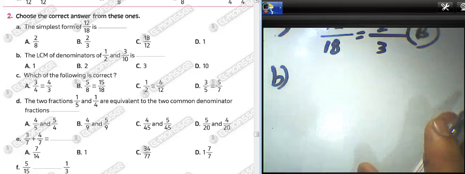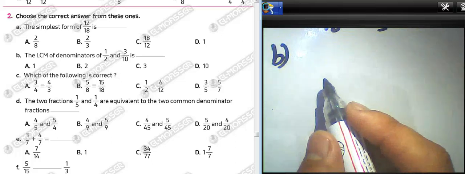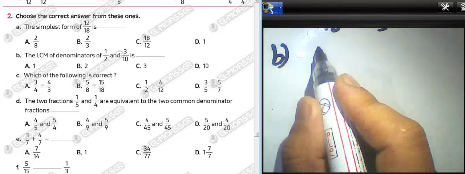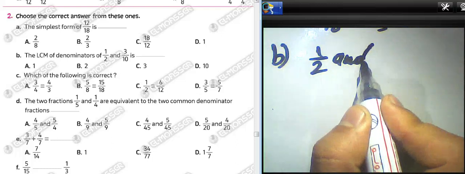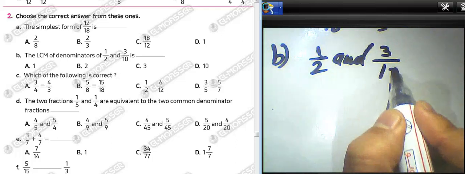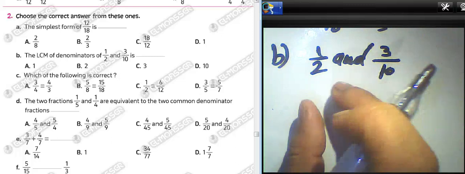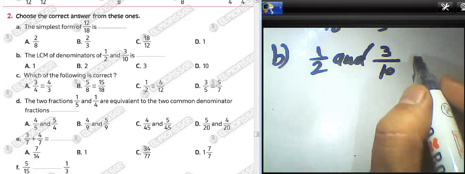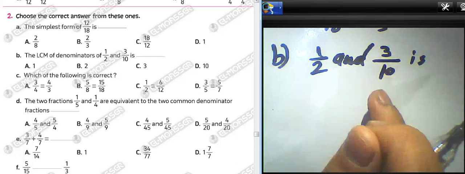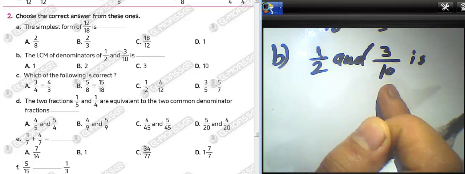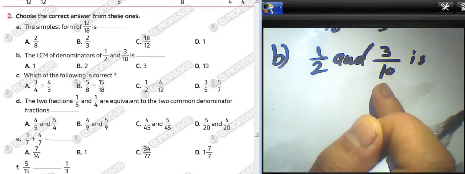Question letter B here, the least common multiple of the denominators of a half and 3 over 10. He asked about the least common multiple of the two denominators here, 2 and 10. We know 10 can be divided by 2, so 10 is the least common multiple of 10 and 2.